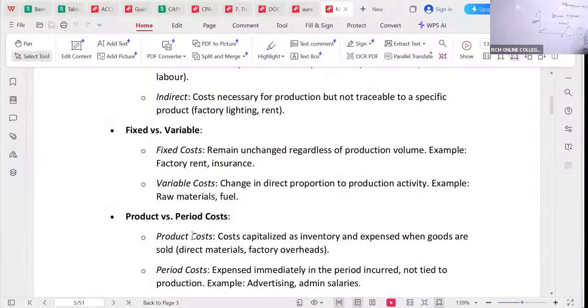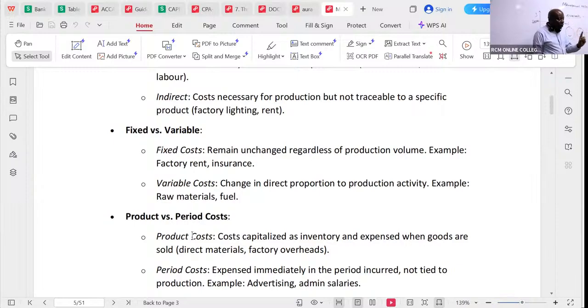This one is quite a tough one. Many students are not able to differentiate between product and period costs. Period costs are never tied to inventories. Periodic costs are never tied to what we produce as a company. They're always tied to time.